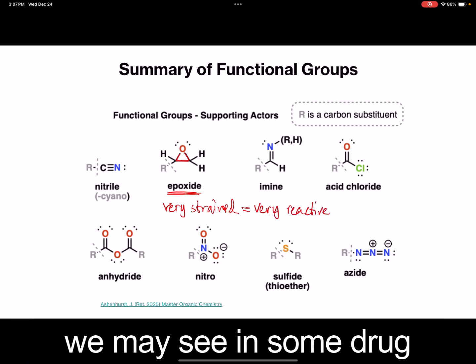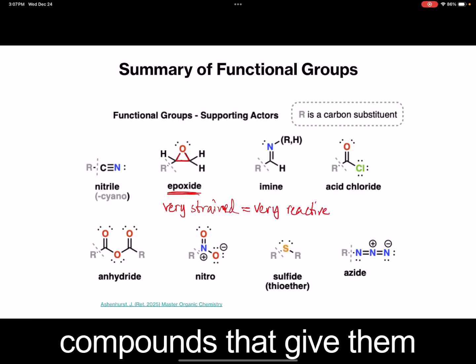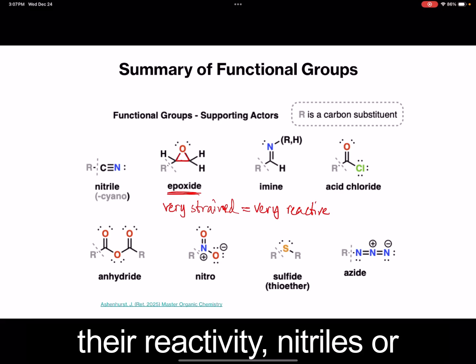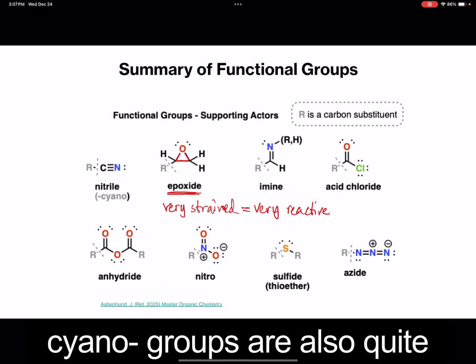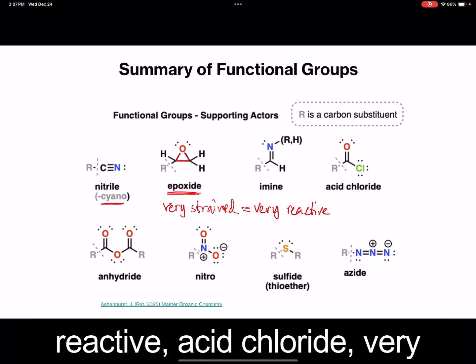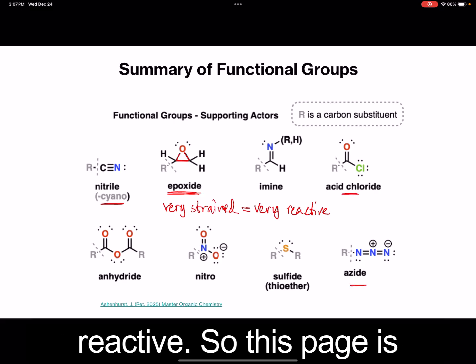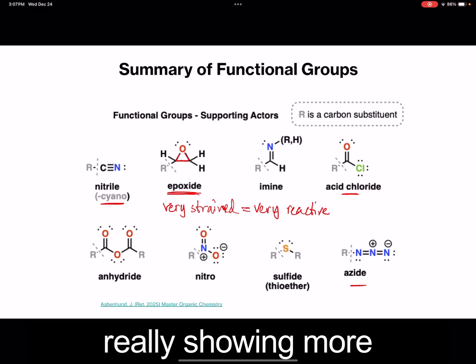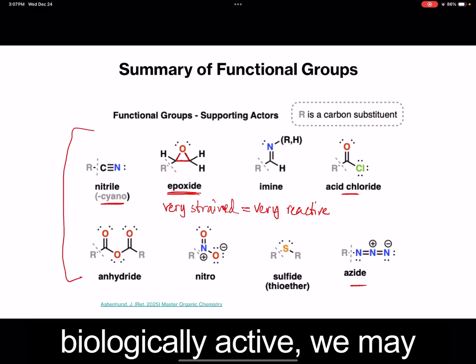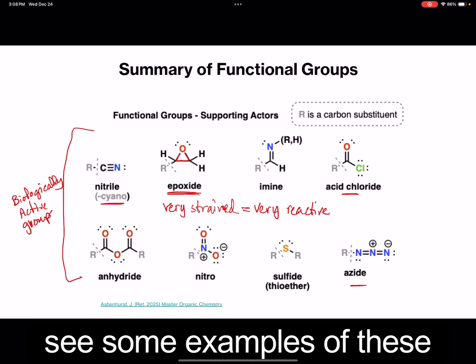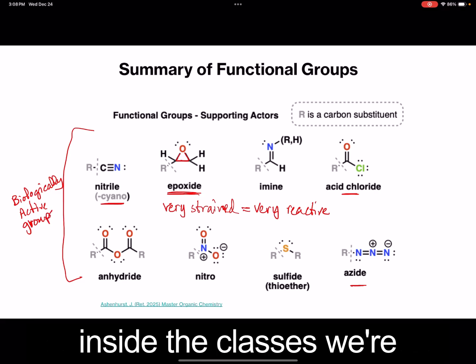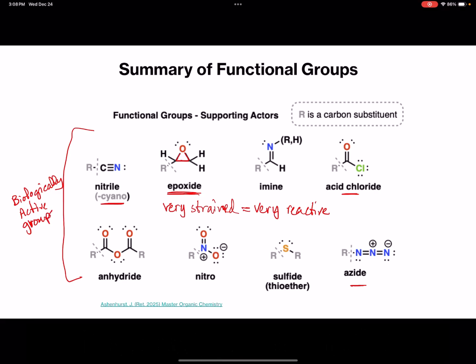That will be something that we may see in some drug compounds that gives them their reactivity. Nitriles or cyano groups are also quite reactive. Acid chlorides, very reactive. Azides, also very reactive. So this page is really showing more biologically active groups, and we may see some examples of these inside the class as we're going through drug compounds.